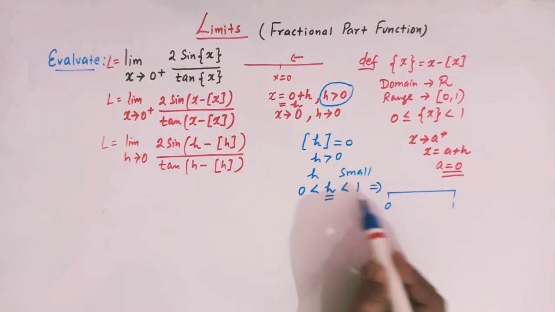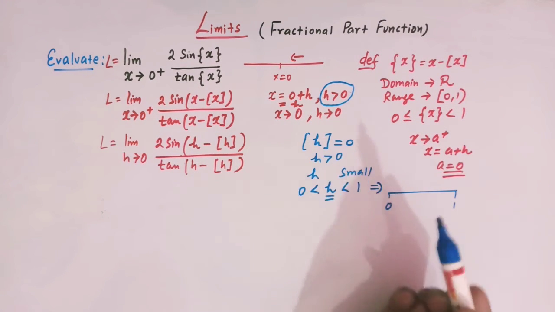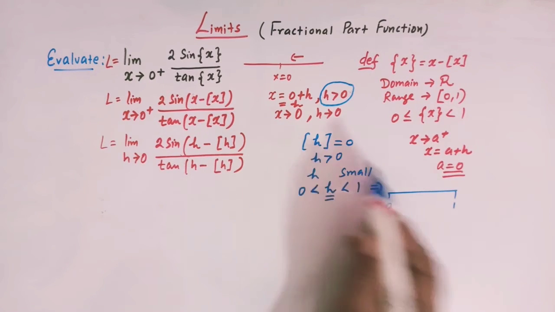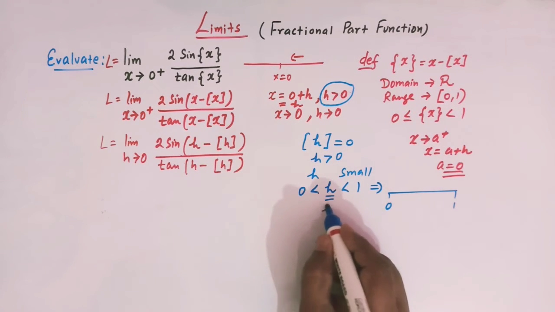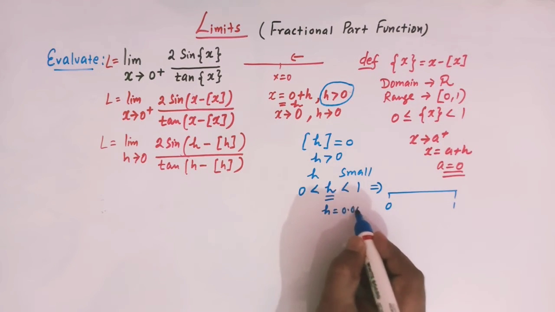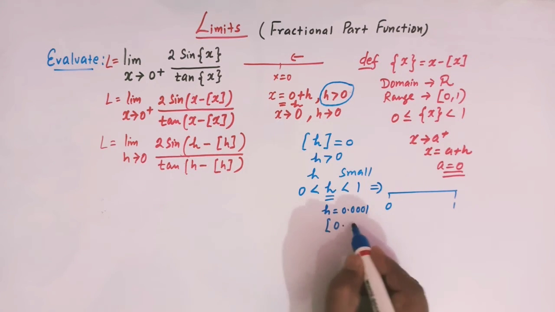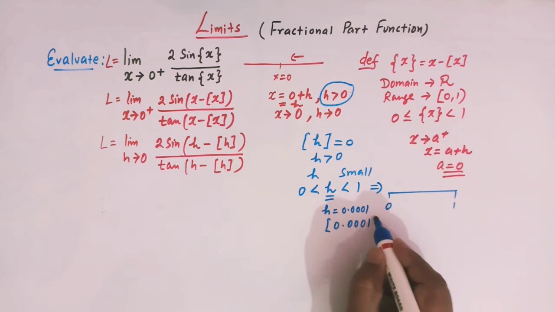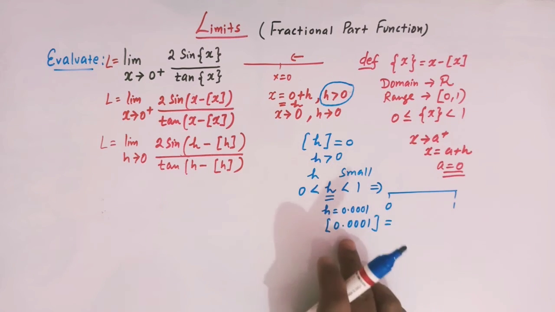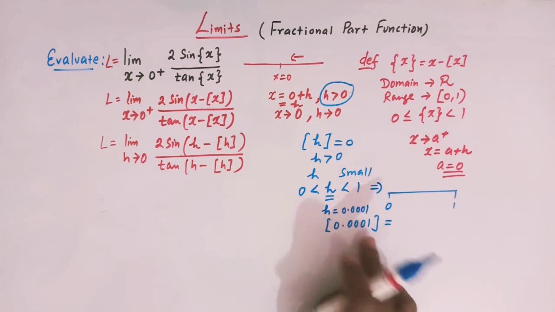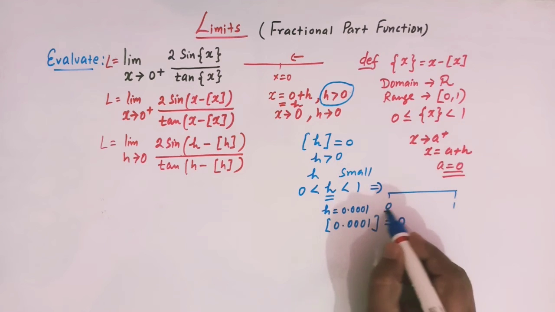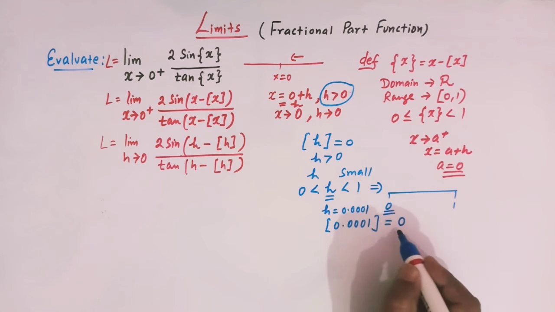We can also verify it by taking a particular value, say h is equal to 0.0001. The greatest integer of 0.0001 is the greatest integer less than or equal to 0.0001, and it is obviously 0.